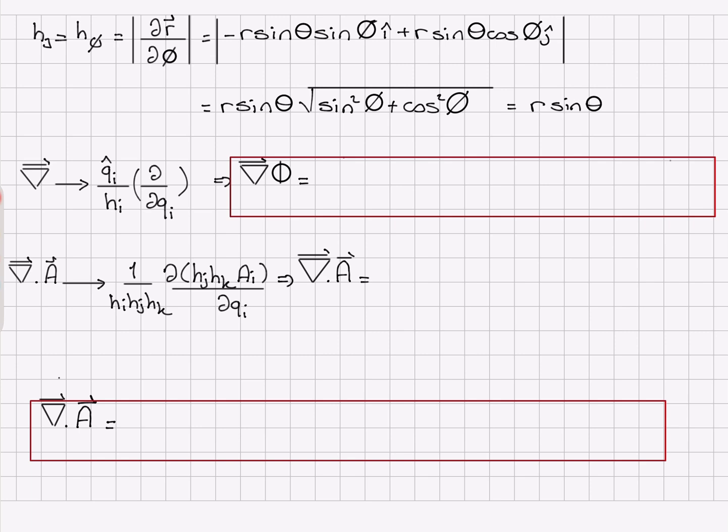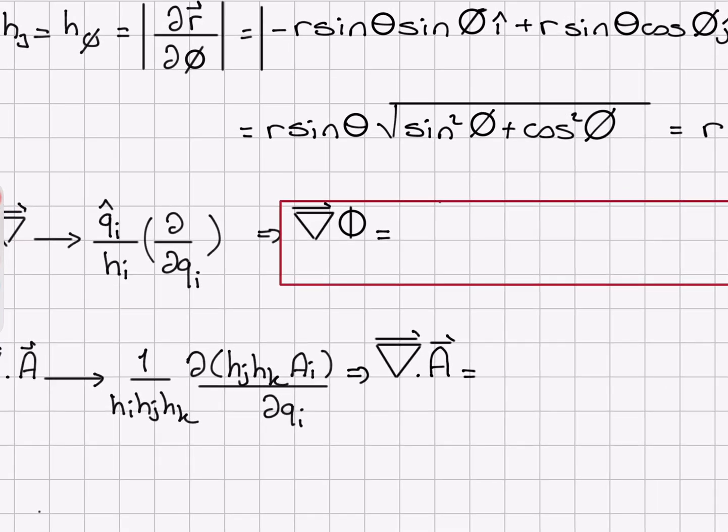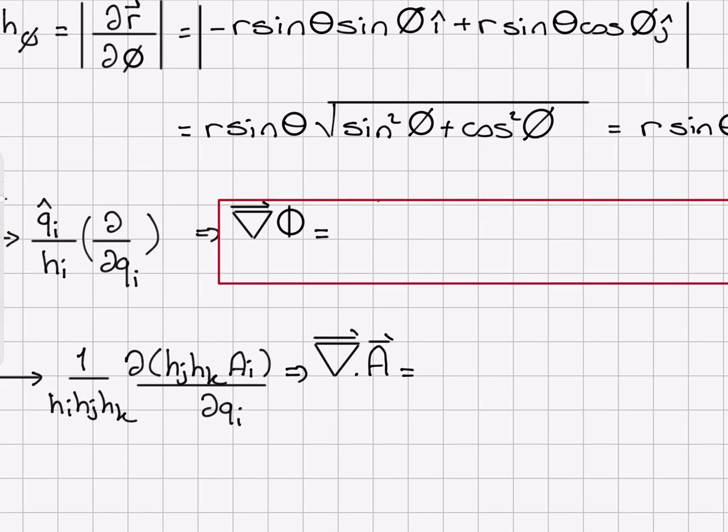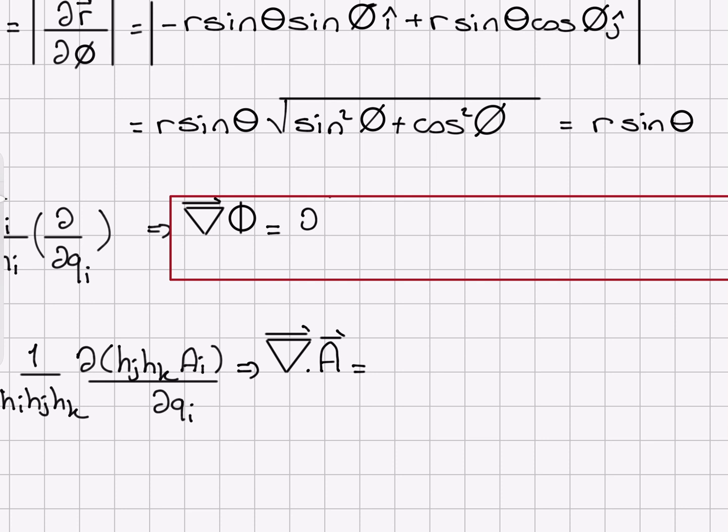Now we can apply the gradient formula here, q i hat over h i del q i. So the gradient of the scalar field phi will be del phi del r in q r hat direction, so 1 over h r, which is 1. Then 1 over h theta, that's 1 over r, times del phi del theta in q theta hat direction.